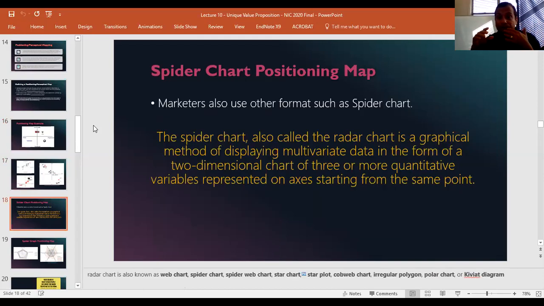So what is a spider chart, also called a radar chart? It is a graphical method of displaying multivariate data. Multivariate means the variables vary in their degree or level. It is in the form of a 2-dimensional chart of 3 or more quantitative variables represented on axes starting from the same point.